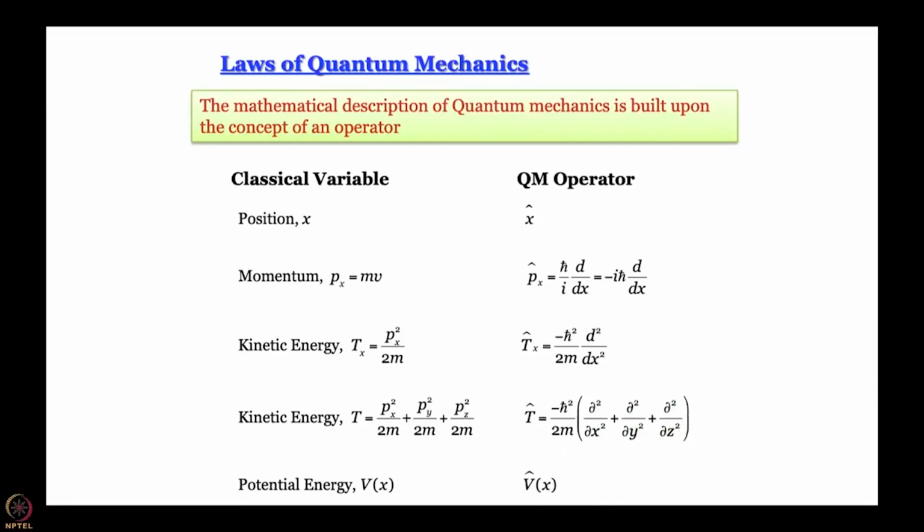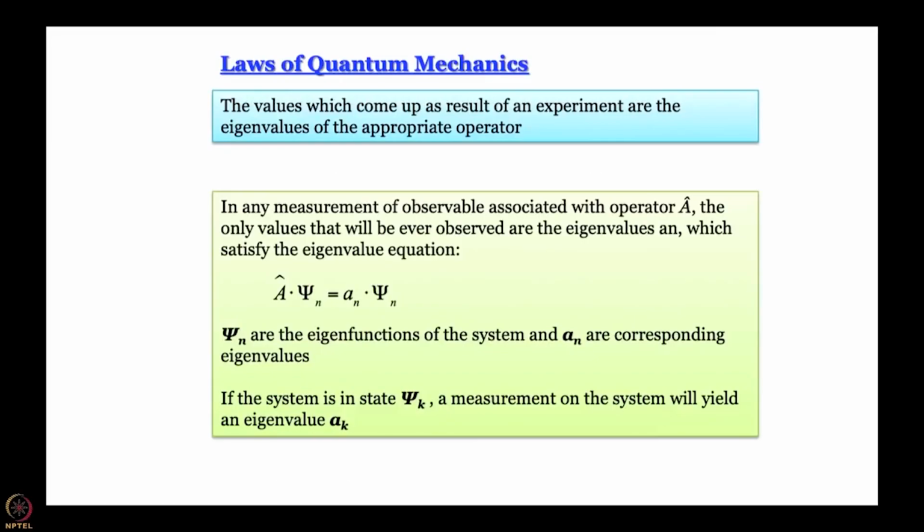The potential energy operator actually is the potential energy; depending on what kind of system it is, the expression is going to change. So, the first postulate of quantum mechanics is that there is always an operator for every classical variable, every classical property of the system that we might want to know. How do we know the value?